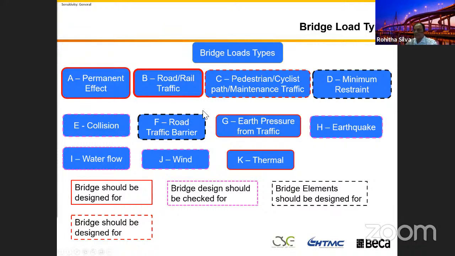And the other, the one with the red dash, is the pedestrian load. Some bridges have pedestrian traffic, some bridges don't. But if you have them, you have to combine them with your road traffic load. So this is how we have to look at it when you're designing a bridge.